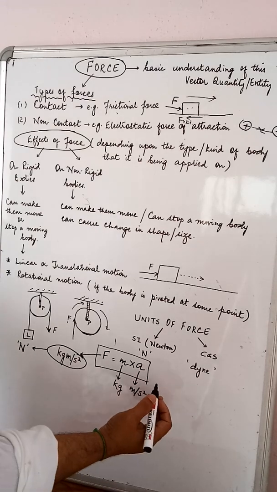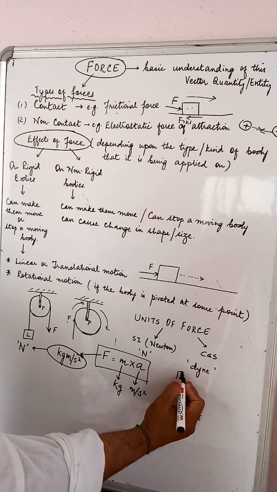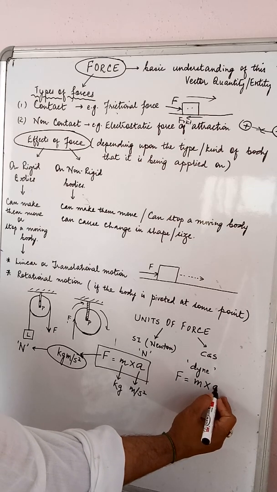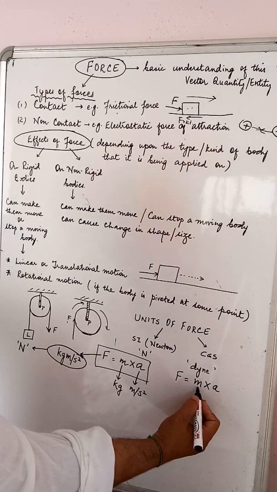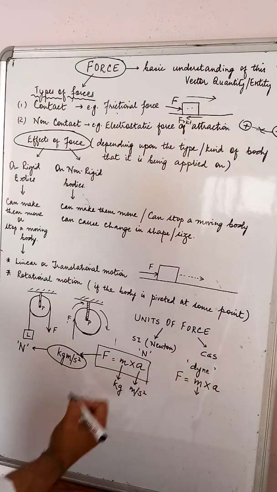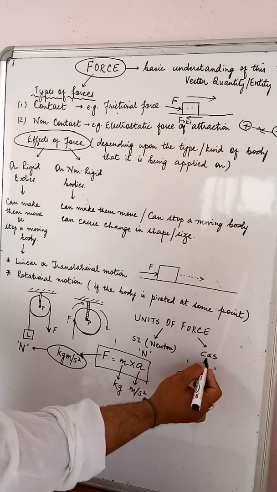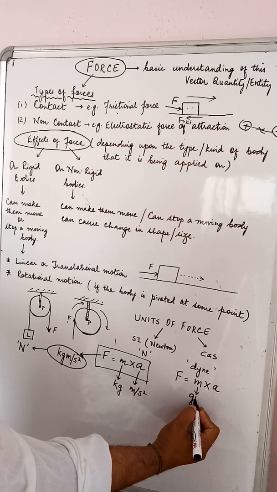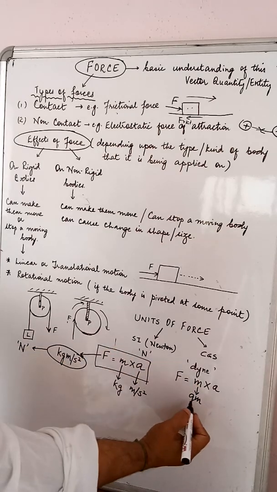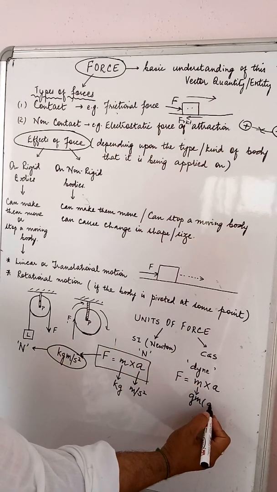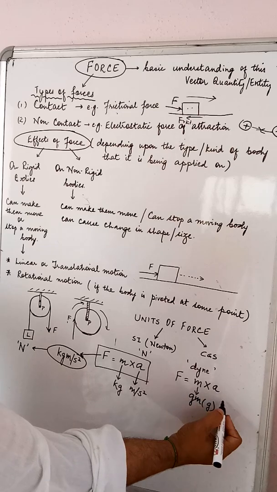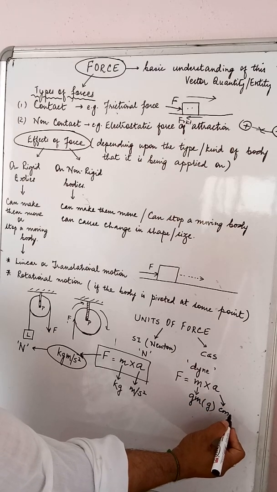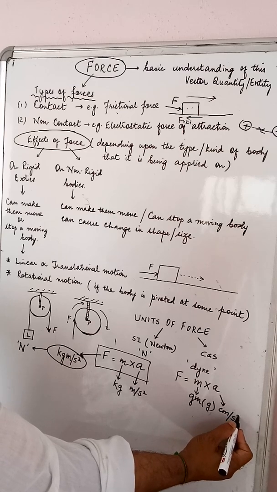Similarly, once again I'm going to write the formula for force, which is mass into acceleration. This time we are going to have a look at the CGS unit of mass. CGS unit of mass is gram or simply g. What is the CGS unit of acceleration? It is going to be centimeter per second square.